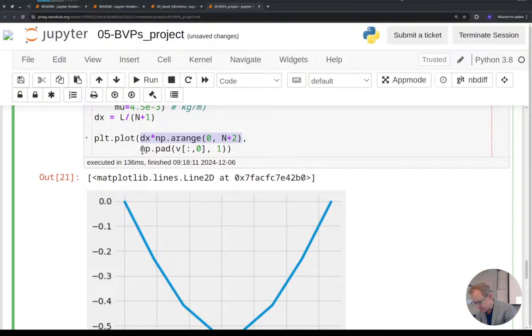And then this function of pad is going to add a 0 on either end of my vector there.